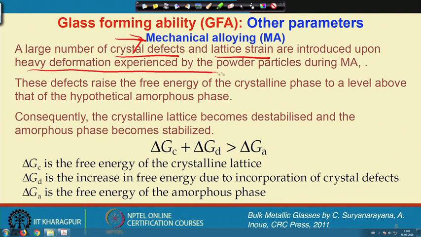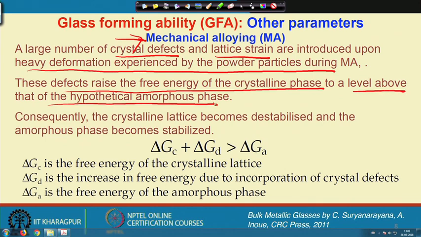That is the mechanical alloying, and in that case the heavy deformation experienced by the powder particles introduces some crystal defects. Once we introduce a defect, there is some free energy related to that defect, and this defect raises the free energy of the crystalline phase, and sometimes the whole free energy may go above that of the hypothetical amorphous phase.